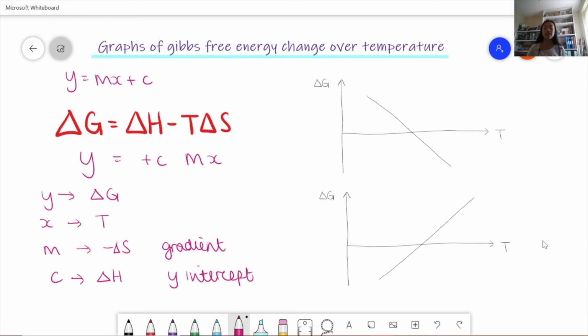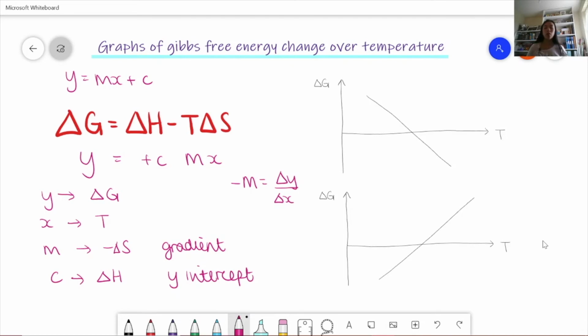From this, we can see that if we plot a straight line graph, then we can find the enthalpy change by seeing where it crosses the y-axis, and we can find the entropy change, the delta S, by doing m equals delta y over delta x, and this would be negative.